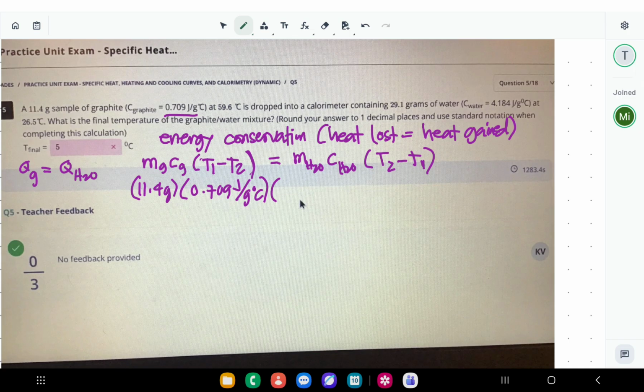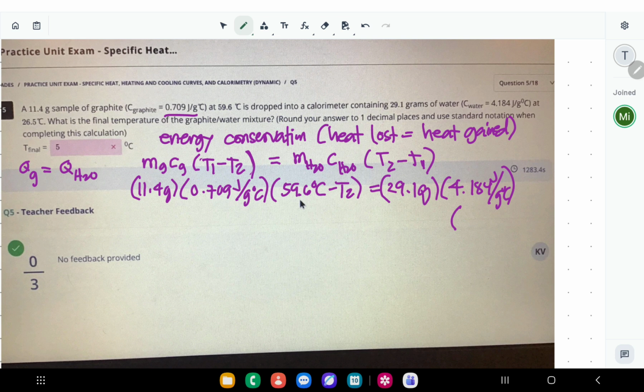Okay, we don't know, but we know the initial temperature, 59.6, minus T2 equals the mass of water, 29.1 grams, times specific heat 4.184 joules per gram degree Celsius times T2.